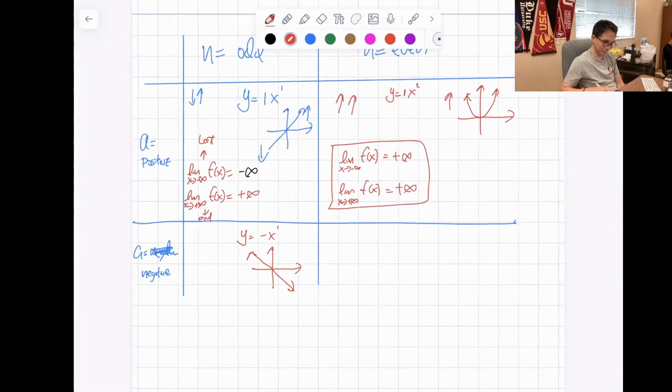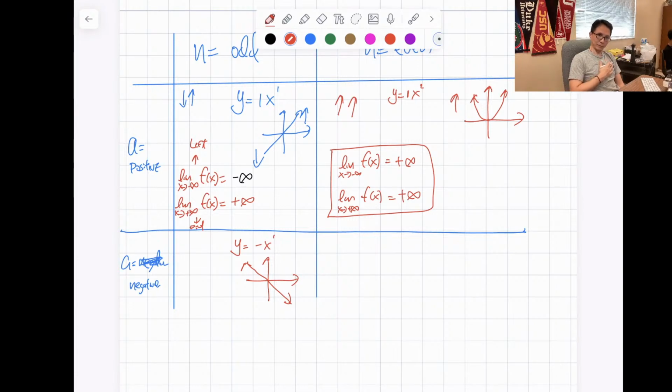You write it. Limits. x approaches what? Negative infinity, always going left first, is equal to what?